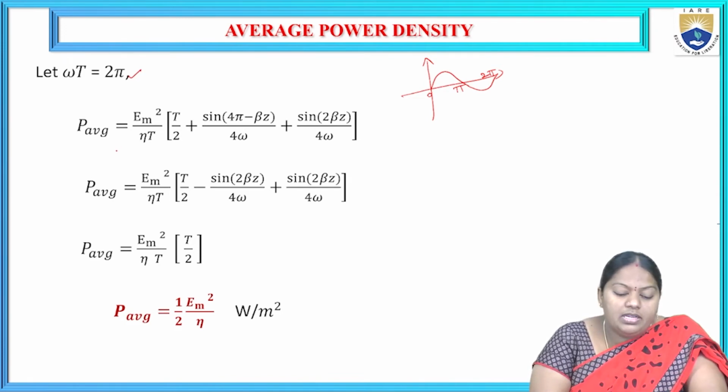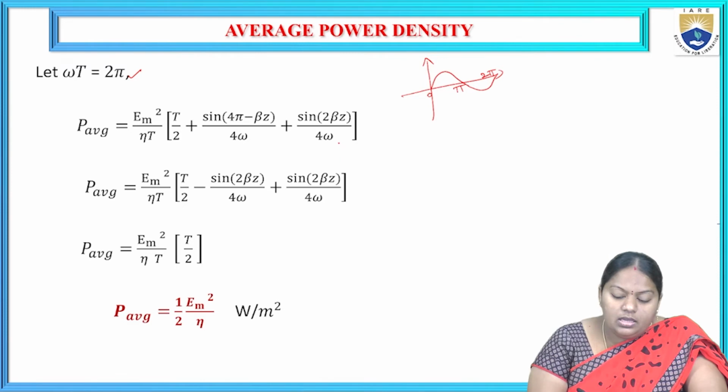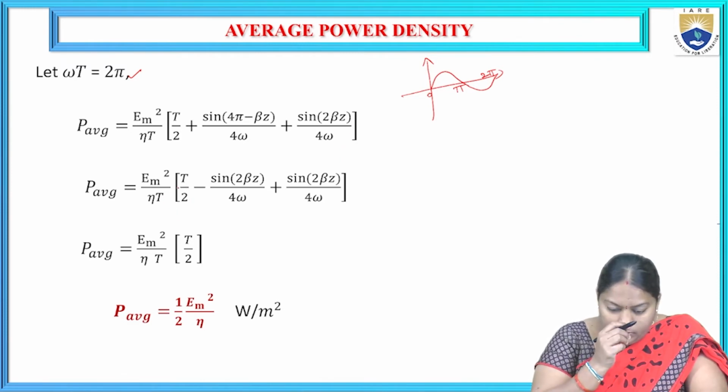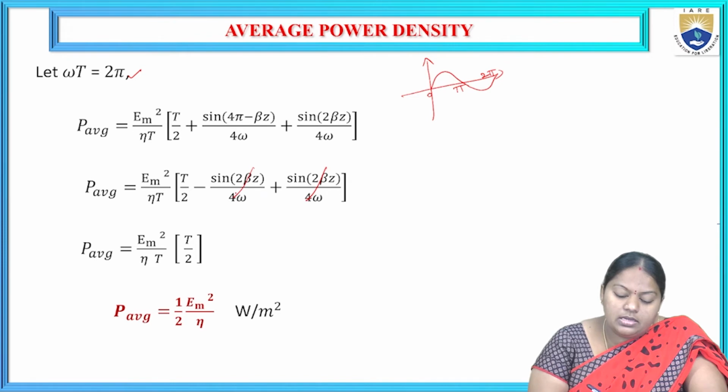Now P average is equal to Em square by eta T into T by 2 plus sine (4 pi minus 2 beta z) by 4 omega plus sine 2 beta z by 4 omega. Okay, then Em square by eta T into T by 2, and if we substitute sine (4 pi minus theta), it becomes minus sine theta, so minus sine 2 beta z by 4 omega plus sine 2 beta z by 4 omega, and this gets cancelled.